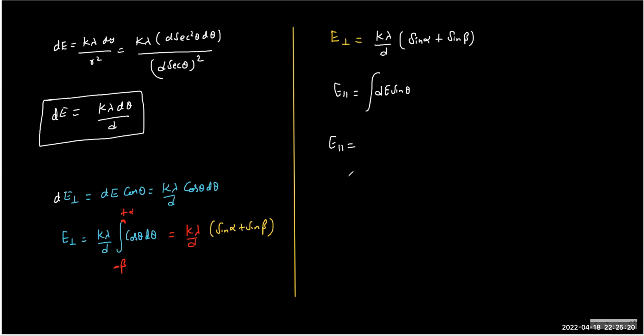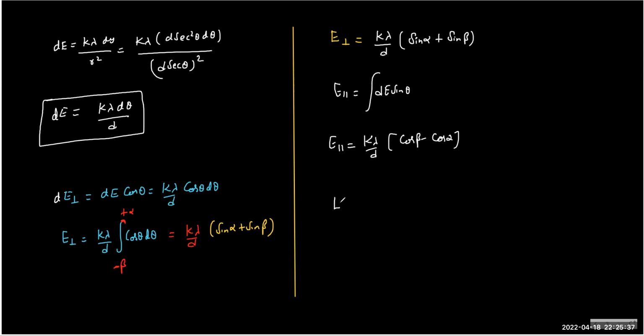Yes, I'm getting k lambda by d into cos beta minus cos alpha. Correct. So now you can see we have a negative sign.